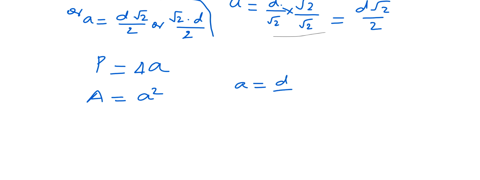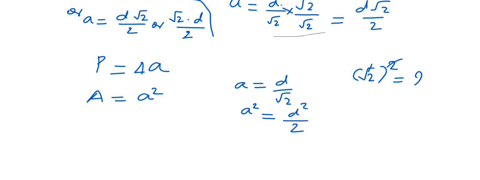So one new formula we learn: when we square both sides, we get d square by 2. When we do root and square, the square and root cancel each other, so we get 2.